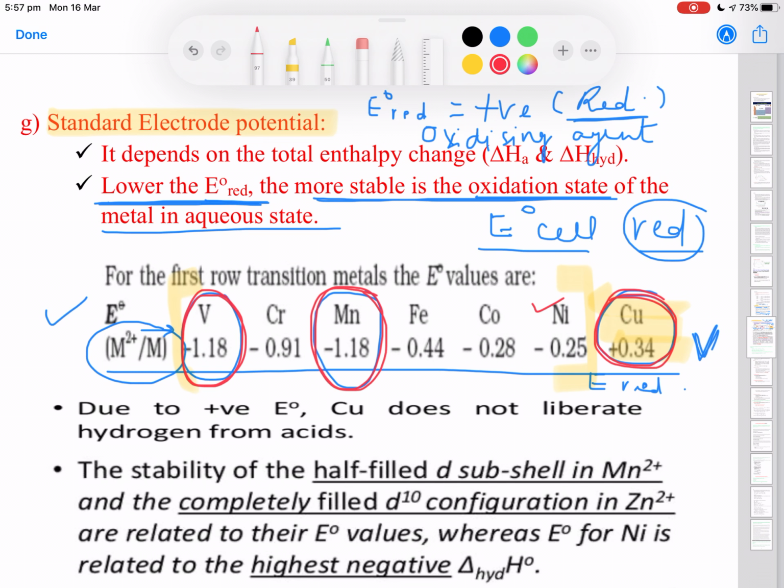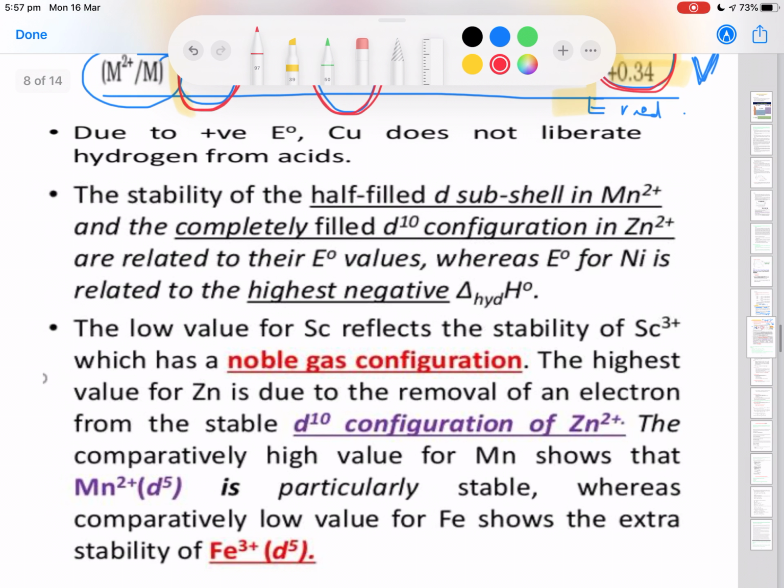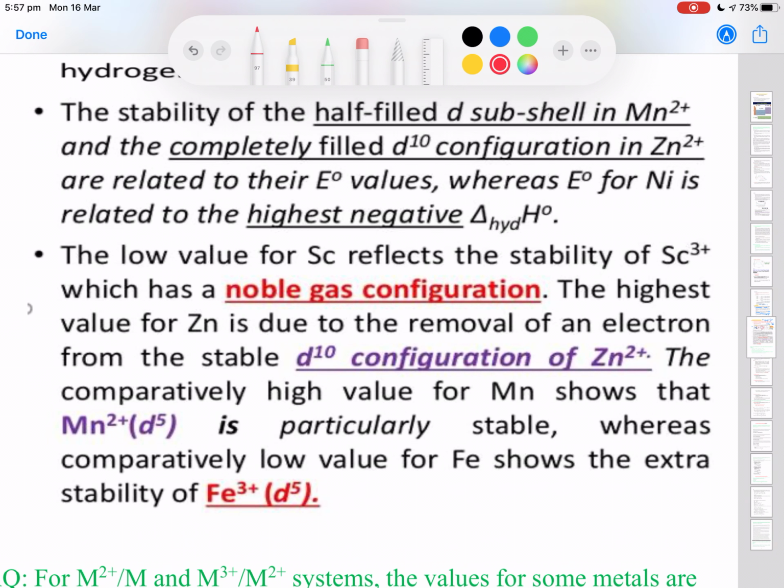Okay, now let us discuss a few points I have mentioned here. Now when we talk about manganese, manganese has a configuration of d5. That means it has exactly half-filled d orbital with 5. But if I ask you to write the configuration for manganese, let me write it down here for you, only for manganese.